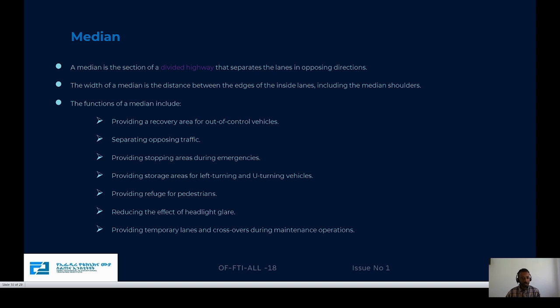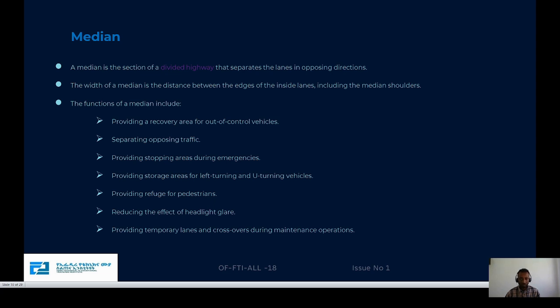And also we will talk about the median. The median's main purpose is dividing the highway or separating the lanes in opposite directions. The width of the median is the distance between the edges of the inside lanes, including the median shoulders.